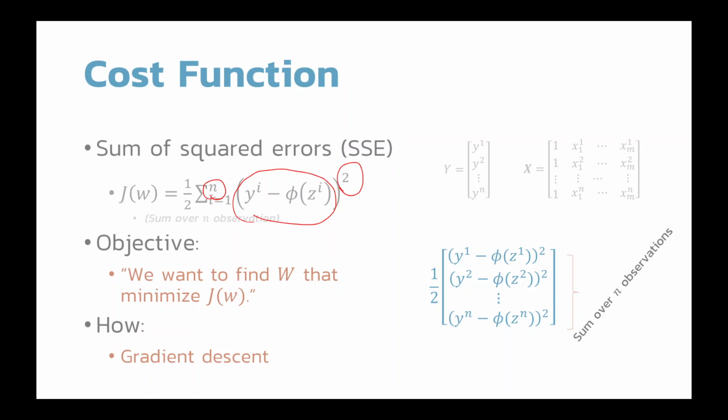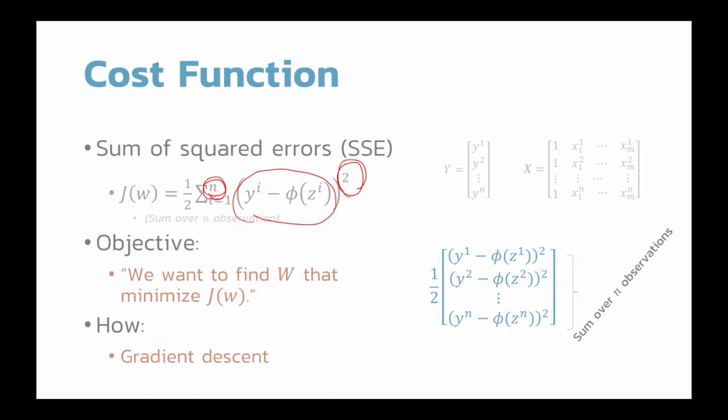We split them 70, 30. So 70 become our training samples. That means we give our model 70 observations of the flowers, and we take the prediction the model gives us, then the difference between the prediction and the ground truth, square the answer, and then sum them over the 70 observations.